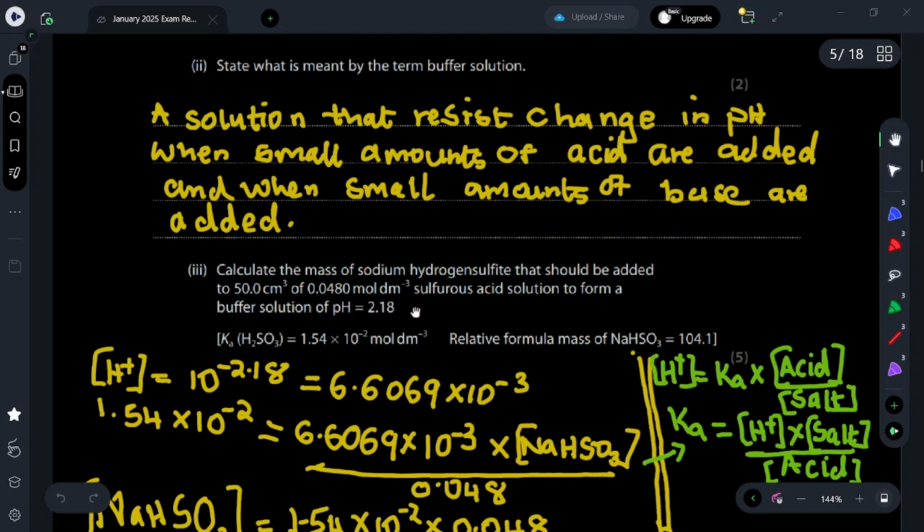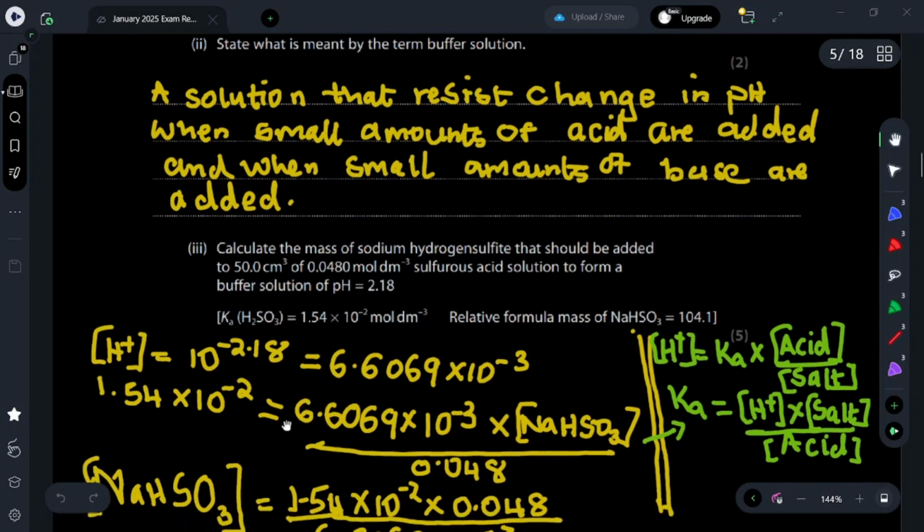We have the pH given to us. The pH is 2.18. This helps us know the concentration of the hydrogen ion, which is equal to 10 to the power negative 2.18. We get the concentration of the hydrogen ions.